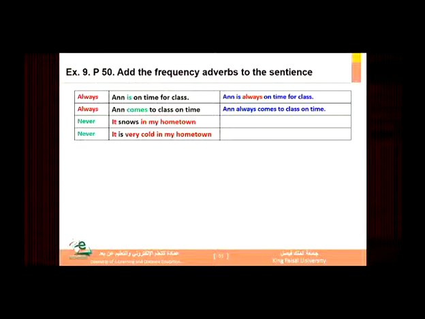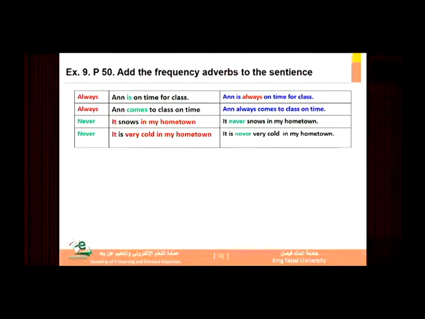While when we have verb to be, it is very cold in my hometown. It is never very cold in my hometown. Look at the first one. It never snows in my hometown. The adverb never comes before the verb. It is never very cold in my town. So the adverb never comes after the verb to be is rather than before.